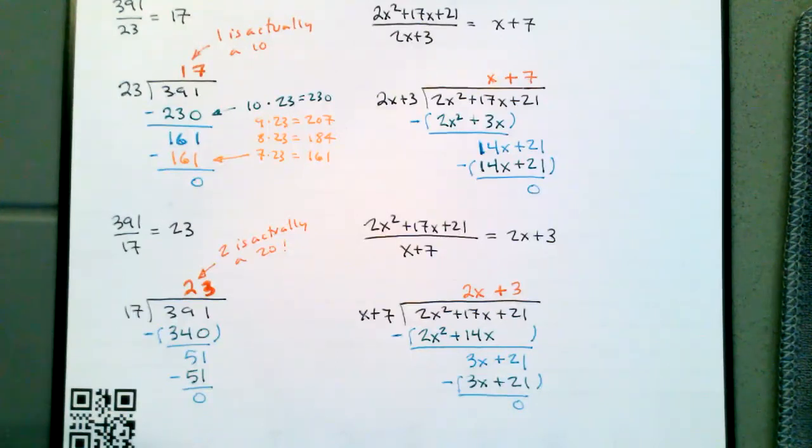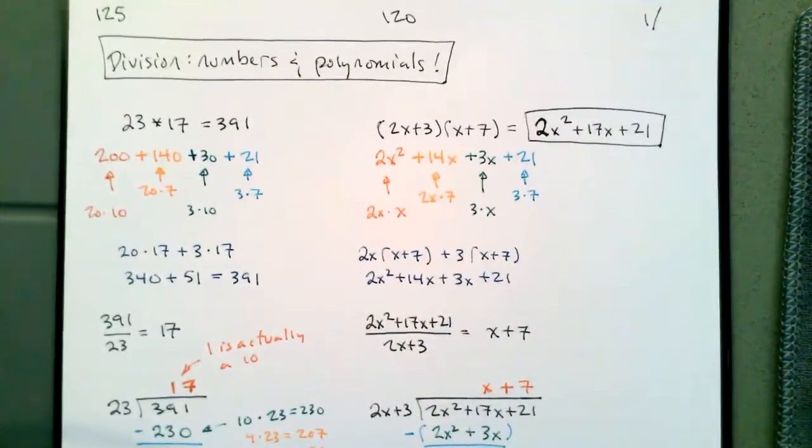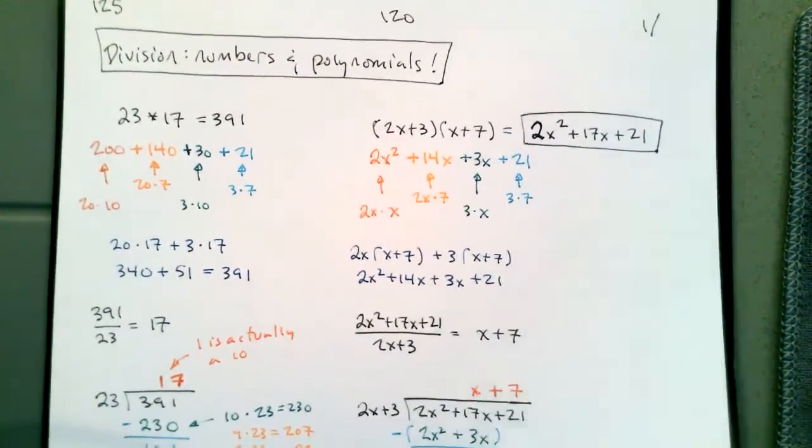Great. Now, in these two examples, everything worked out nice and clean. So 391 divided by 23 is 17 with nothing left over. What if we are going to get a remainder? Let's look at an example with a remainder.